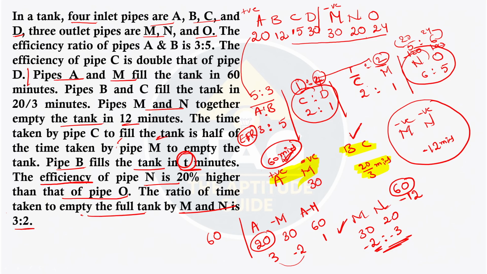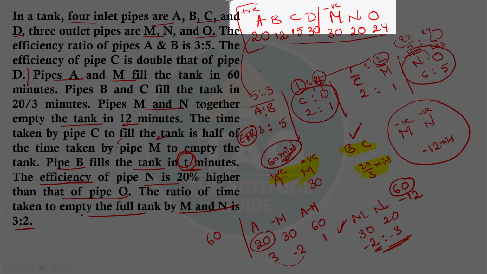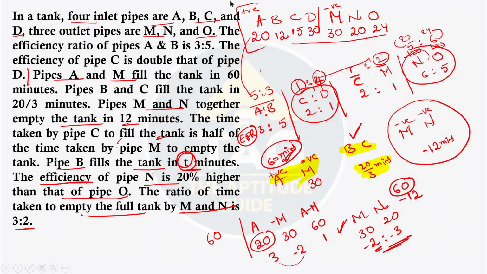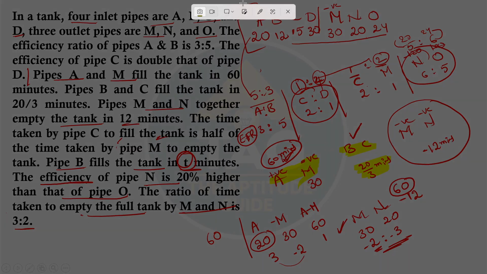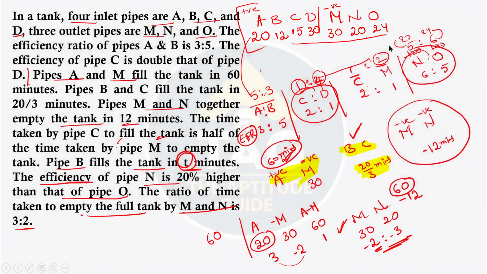Now let us pick this information, and let me put this in the next slide so that questions can be answered with ease and comfort. It didn't work. Let me give it a try again. I think it works now.